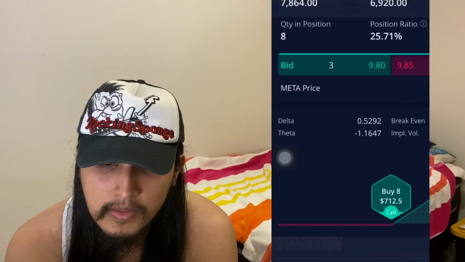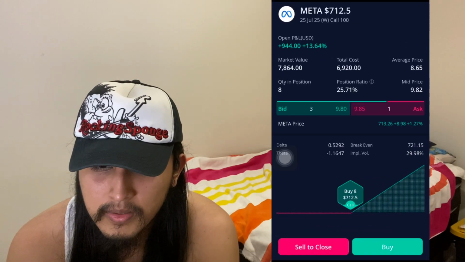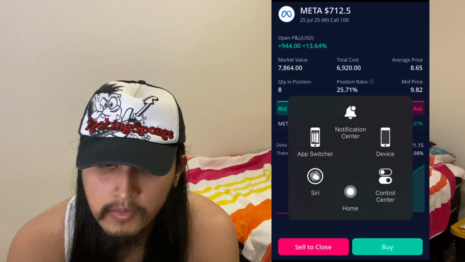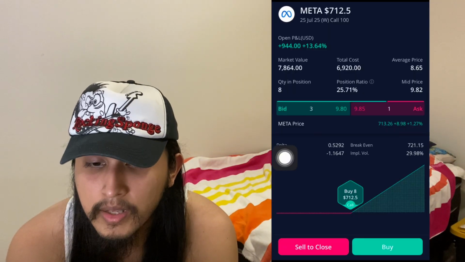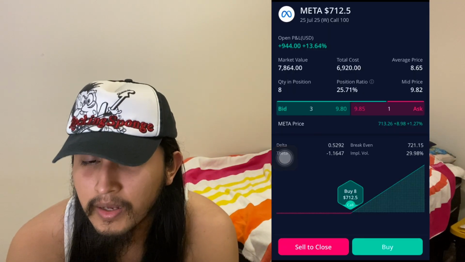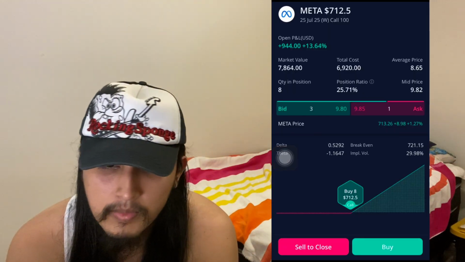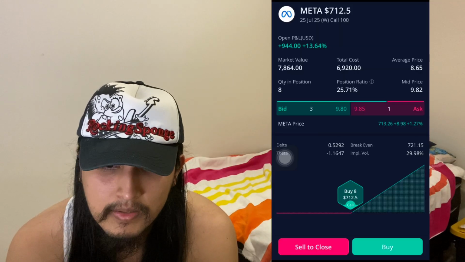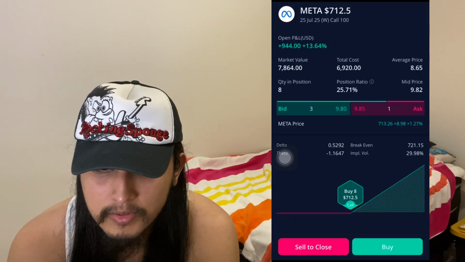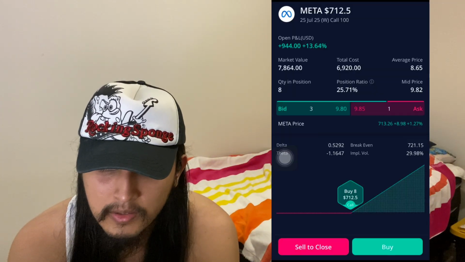And so I was like, okay, I'll just hold on a little bit. I won't be too greedy. I'll take the win once it's close to $1,000. And it was up $944, so I was like, that's good enough for me. The position is up way past my 10% threshold, so I'll just secure the bag and move on to the next trade.